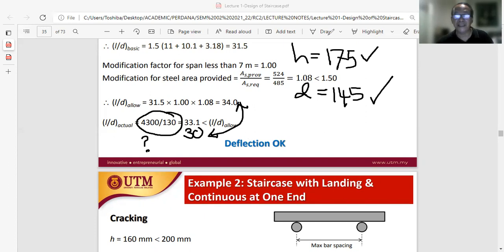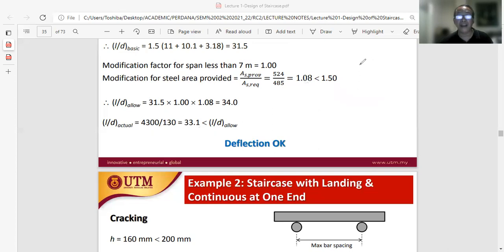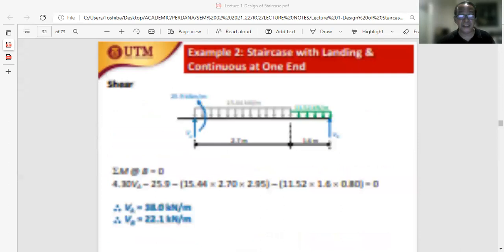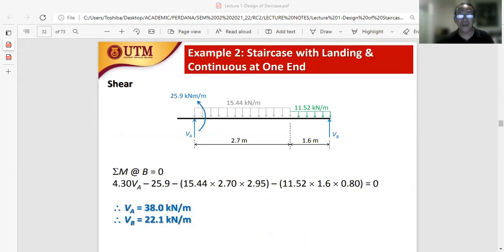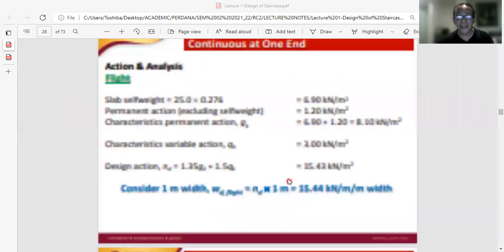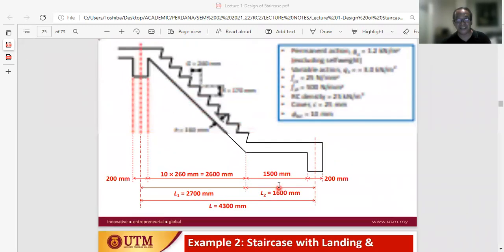So this is my comment, that we can choose to use 175 as the thickness of this example, instead of 160. We can actually use 175, and clearly by using 175 will give a better control against deflection, right?